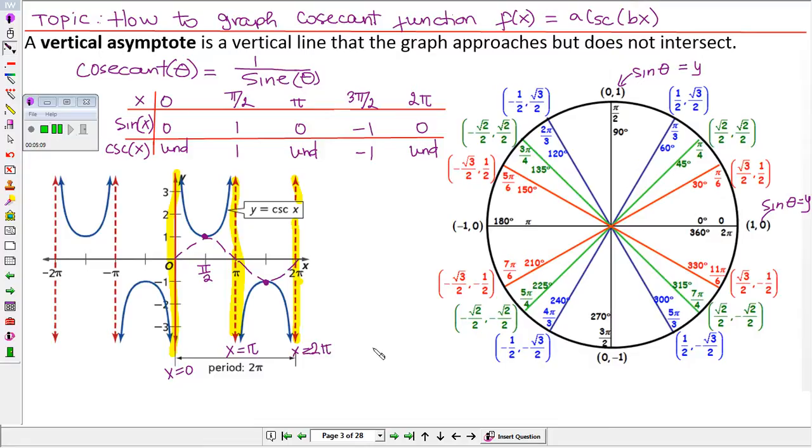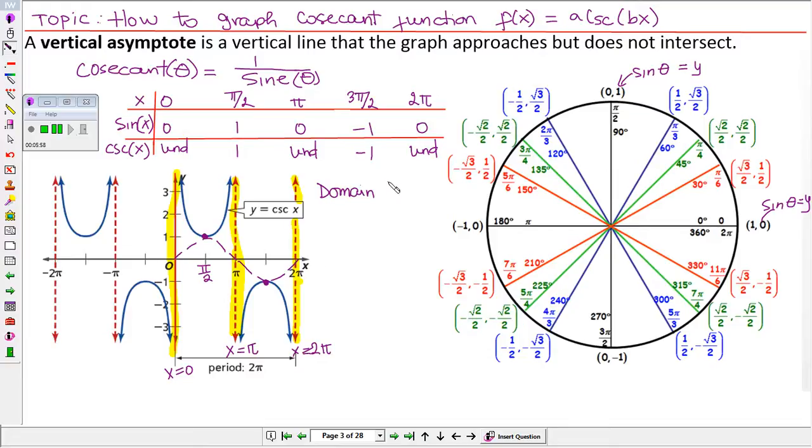So let's write out our observations for the cosecant function. Let's start with the domain first. What we're doing right here is only one period, which is 2 pi, and then we also graph additional periods on the left.